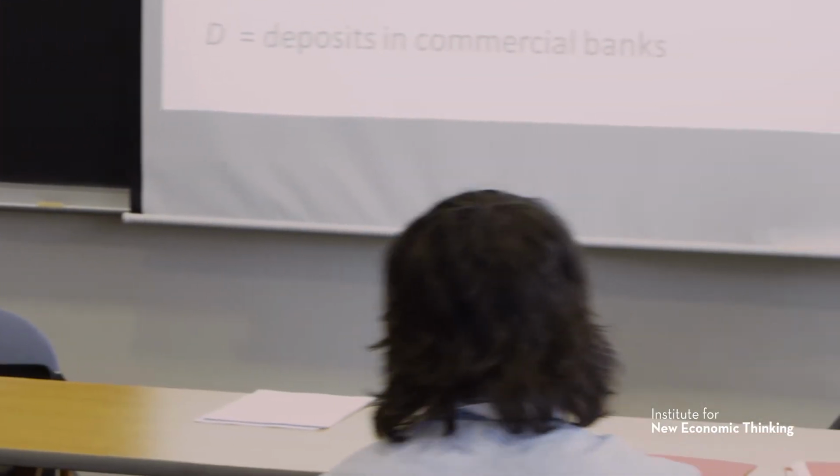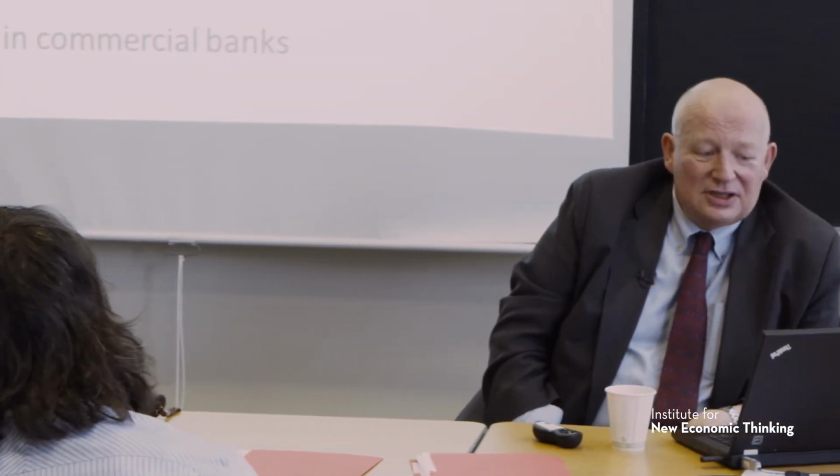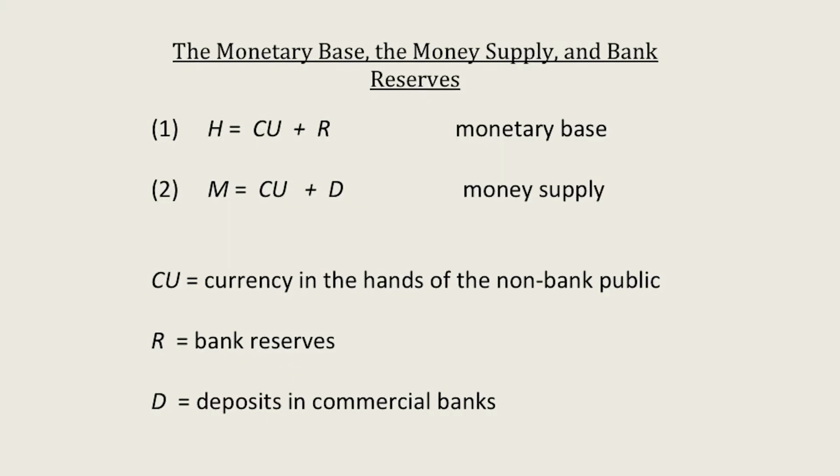This is very conventional notation. I'm using the symbol H to stand for the monetary base. That equals currency in the hands of the public plus bank reserves. The money supply is again currency in the hands of the public plus deposits in the commercial banks, and obviously defined as broadly as you need to in the contemporary economy.